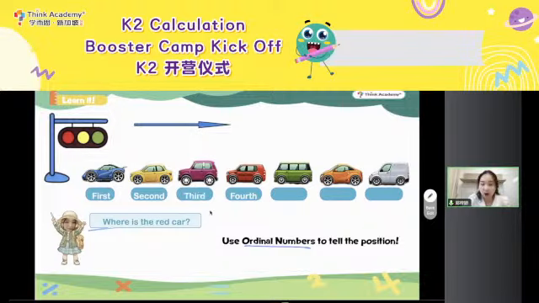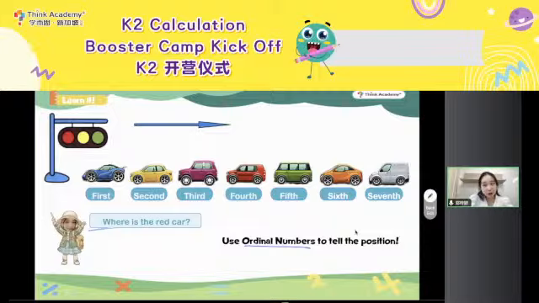So now you know how to tell the positions using the ordinal number.